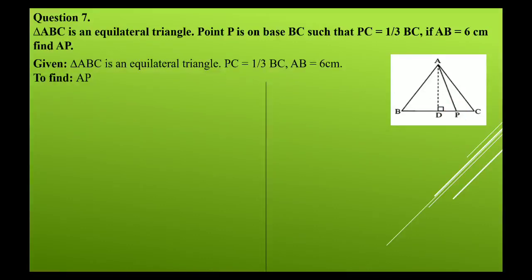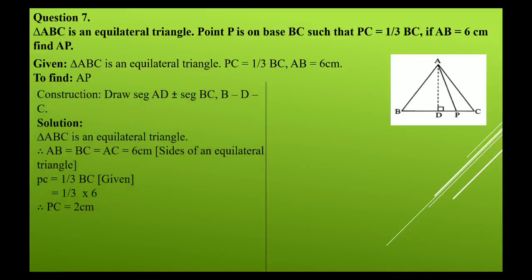Given triangle ABC is an equilateral triangle, PC is equal to 1 upon 3 BC, AB is equal to 6 centimeter. Find AP. Construction.